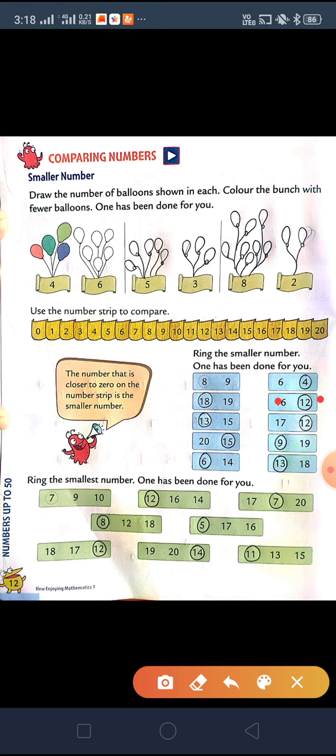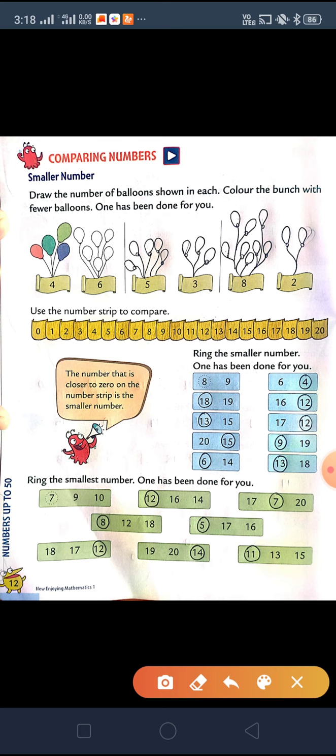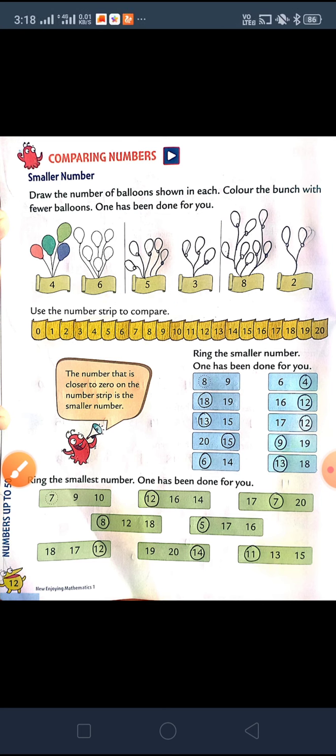From 16 and 12, 12 is closer to 0 compared to 16. So 12 will be the smaller number. Between 17 and 12, 12 is closer to 0 compared to 17. So again here 12 will be the smaller number.